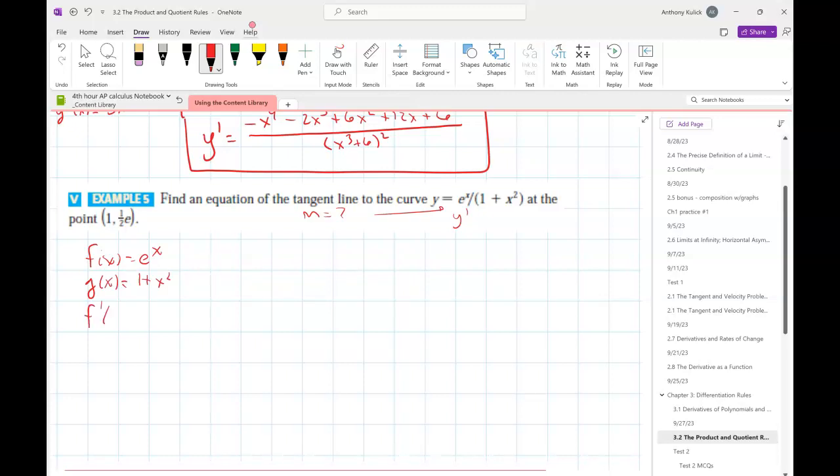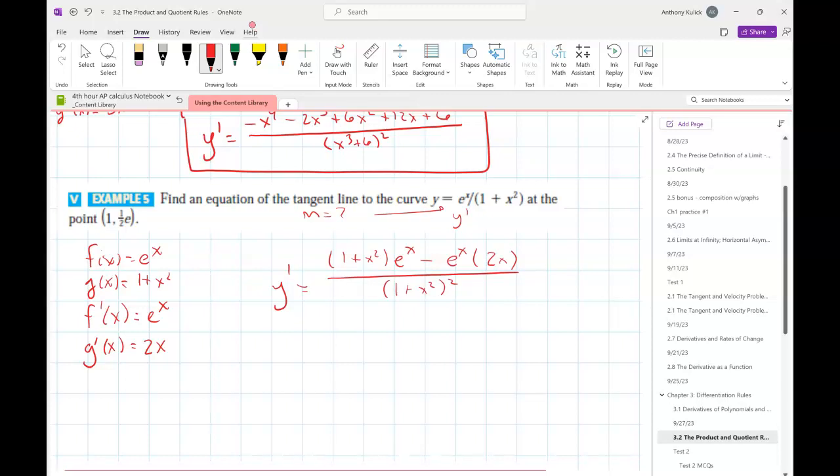So f prime is e to the x. G prime is 2x. So y prime is g times f prime minus f times g prime over g squared.